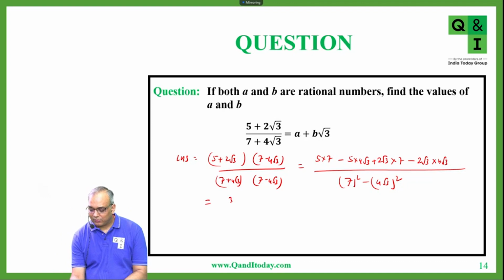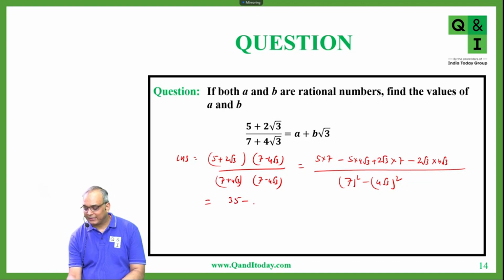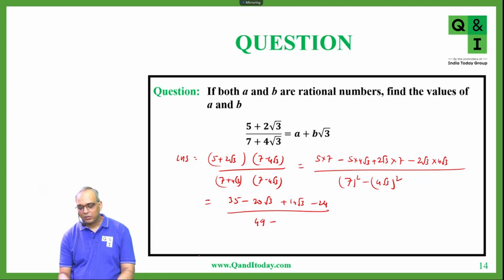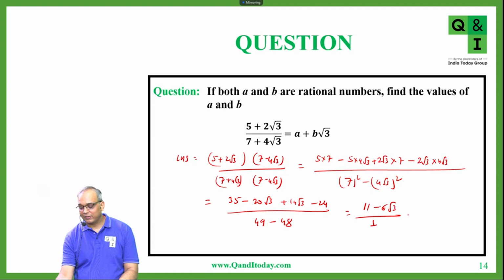So this is equal to 35 minus 20 root 3 plus 14 root 3, and we have minus 8 into 3, which is 24, divided by 49 minus 4 4s are 16 into 3 is 48. So you have 35 minus 24 is 11 minus 6 root 3 over 1.